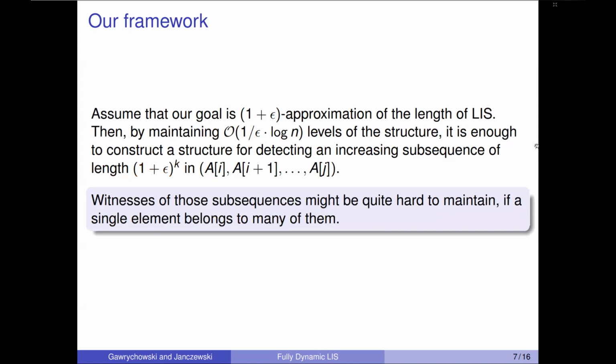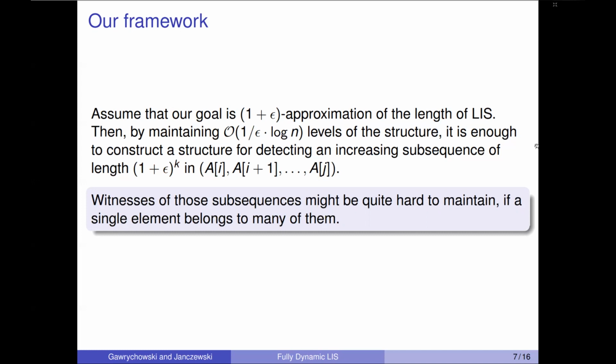Okay, but here the problem is again that to know that the length of LIS is say 1 plus epsilon to the k, we probably need to keep a witness of this value somewhere in the background. So an increasing subsequence achieving this length.